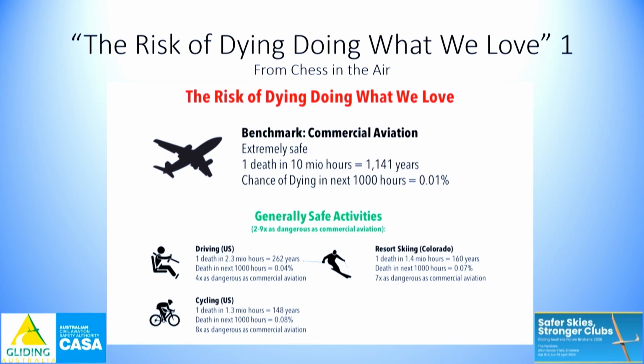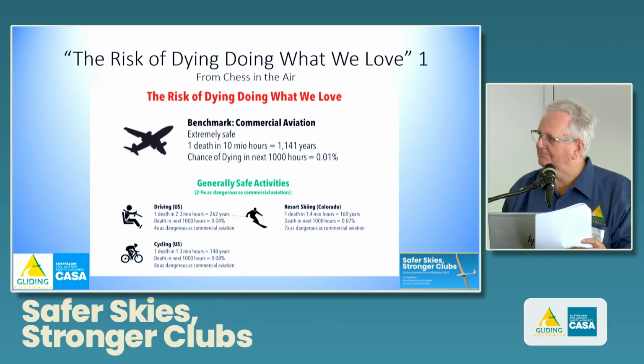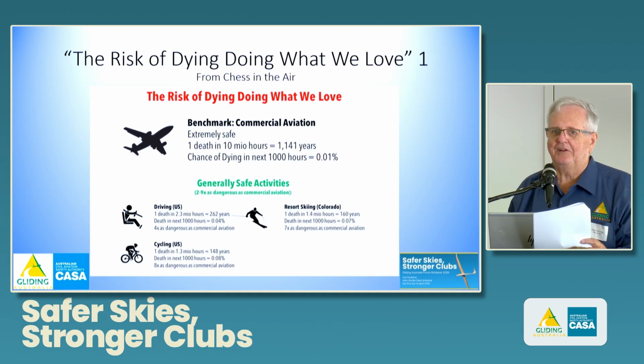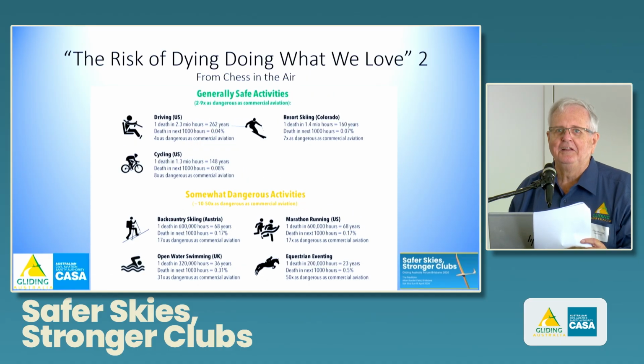Okay, that's the benchmark. And it then starts to look at generally safe activities like driving, which is inherently pretty dangerous, skiing in Colorado, cycling. Well, depends when you're cycling. I'd say Australian cycling death rates are probably a bit higher.